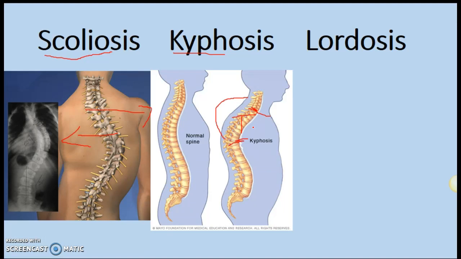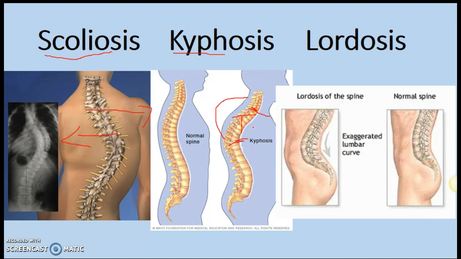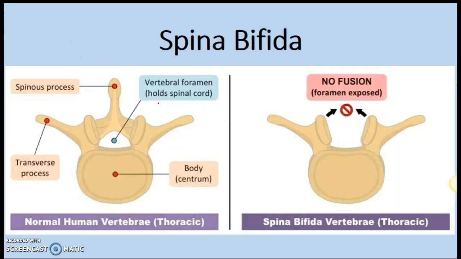Lordosis is very similar, but instead of thoracic and posterior, it's lumbar and anterior. So this is a curvature of the lumbar forward. Both lordosis and kyphosis are abnormal curvatures of the spine, where scoliosis is also an abnormal curvature but more lateral and could involve the whole spine. Okay, so these are three that you just got to make sure you can tell apart on any diagram.